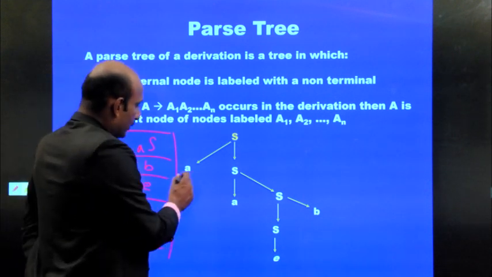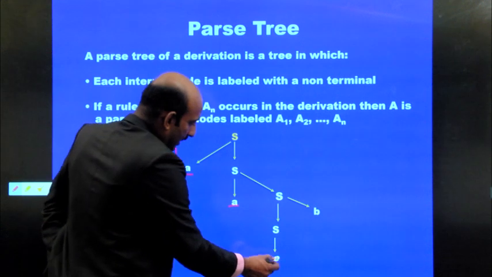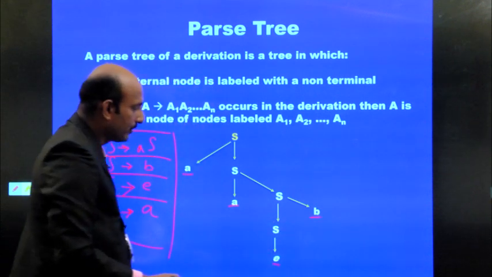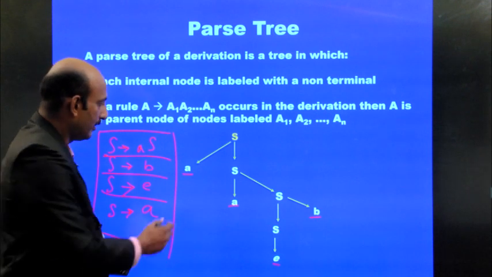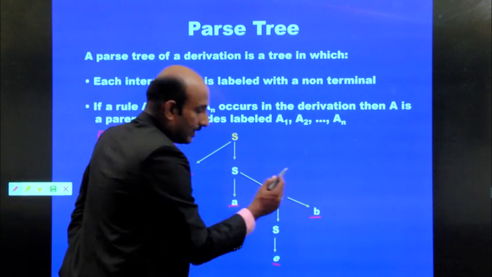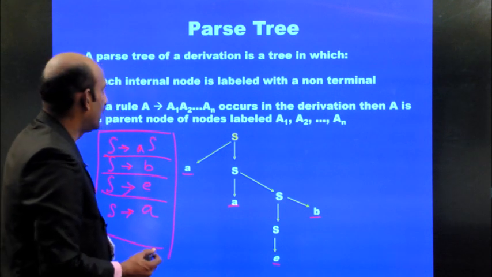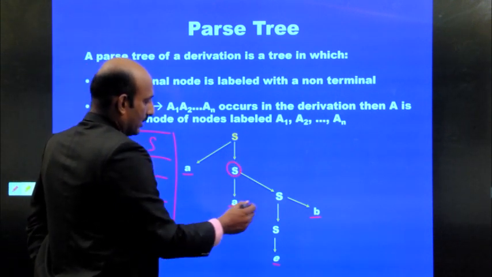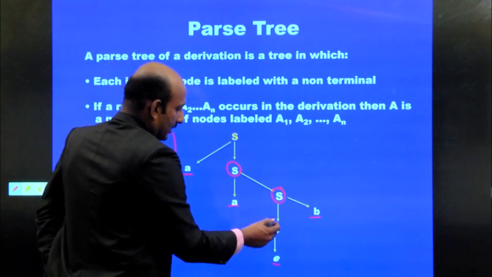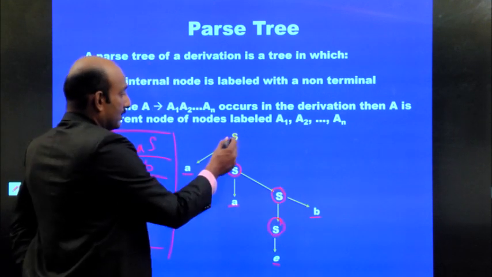So these are all the leaf nodes, where the leaf nodes contain only terminal symbols. The internal node, that is the intermediate node, here it is the intermediate node, this is the intermediate node, and this is the root node.